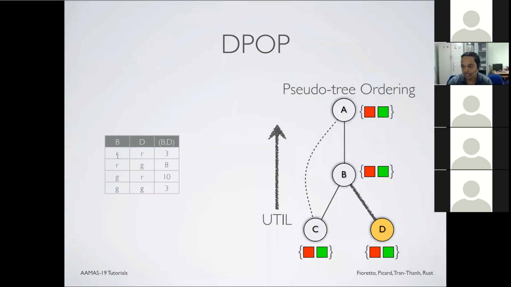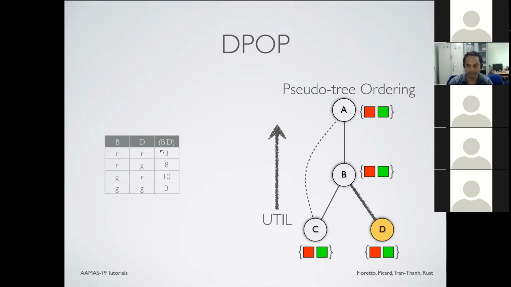If I choose B as red, D can be red or D can be green. If B is red and D is red, the value is given as 3. If B is red and D is green, the value is given from the table as 8.